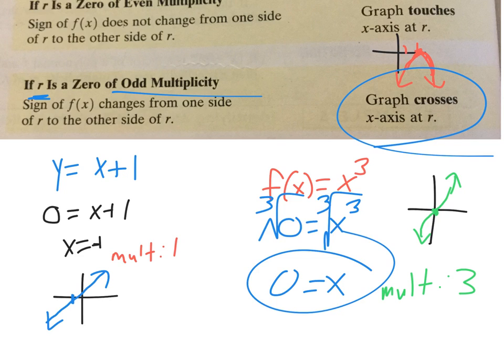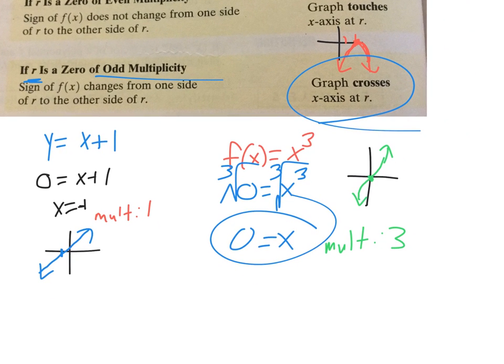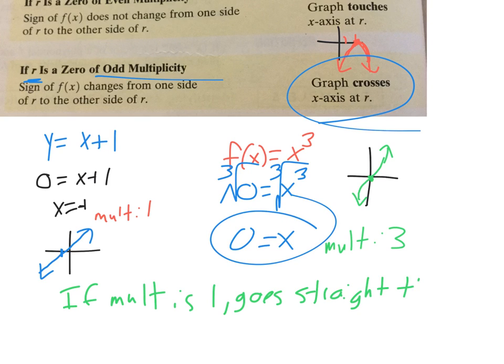All right? And that's also the case, so let me write this as a note. If the multiplicity is 1, it goes straight through. If the multiplicity is 3, 5, 7, 9, or so on, right?